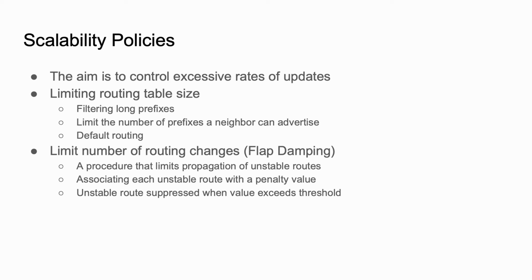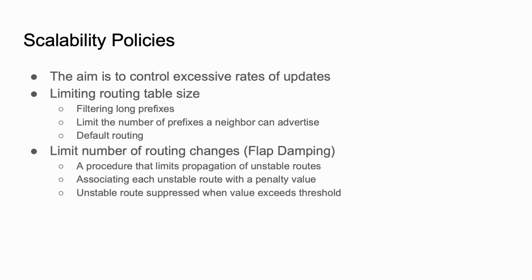To prevent such router failures, ISPs use methods such as limiting routing table sizes and limiting the number of routing changes. Limiting table sizes can be done by filtering long prefixes in advertisements from neighbors, limiting the number of prefixes that a neighbor can advertise, or just employing default routing. Default routing simply means that an ISP sets a default forwarding route for destinations not on the routing table.